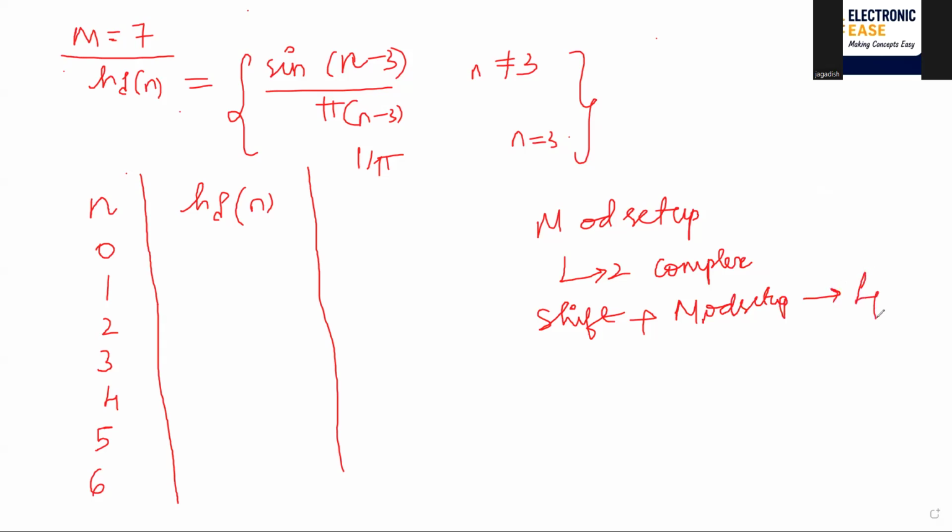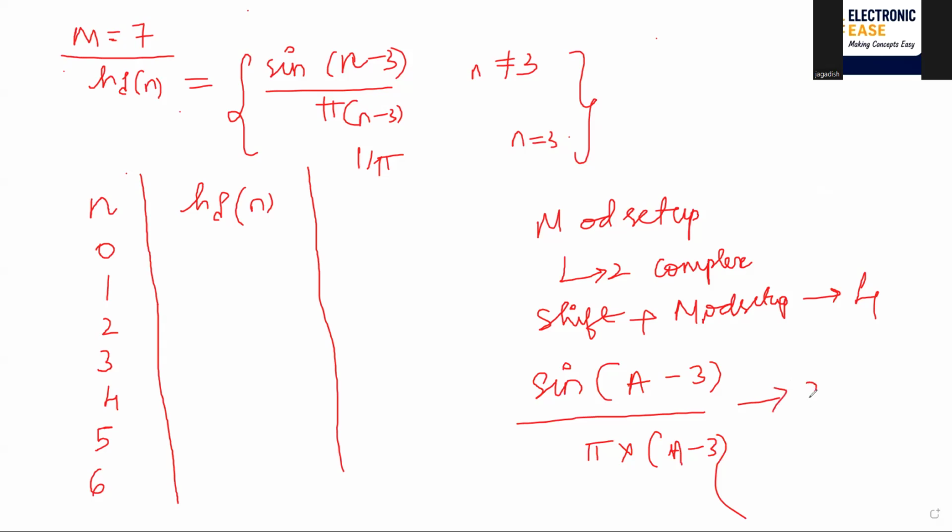After pressing that, you should enter this expression, but I will be replacing n by a, so a minus 3. Put it in your calculator like this, divided by pi into a minus 3. Wherever n is there, you should put this as your expression and press calc, students.